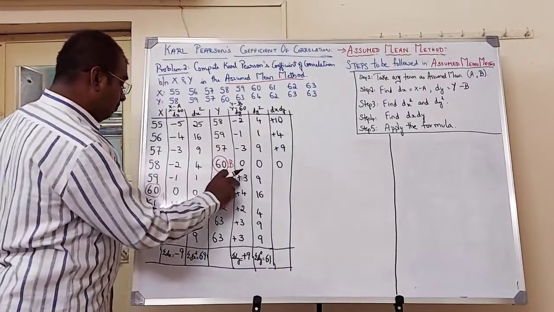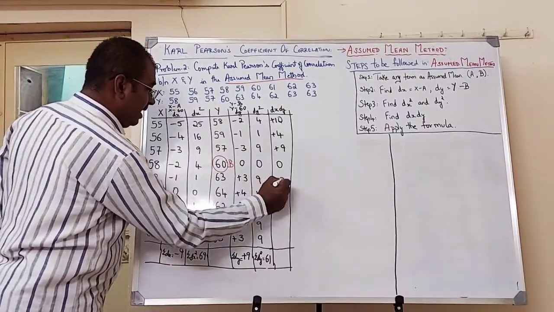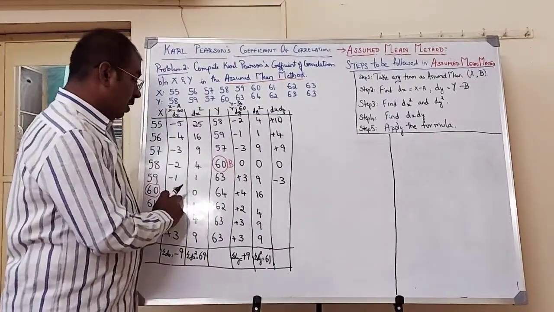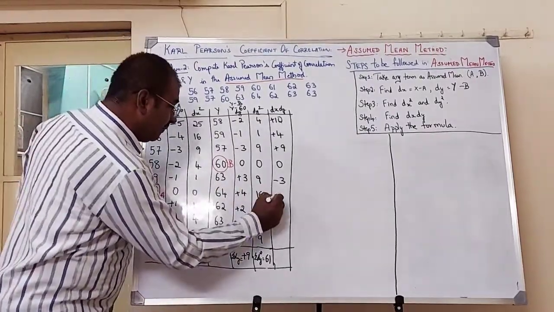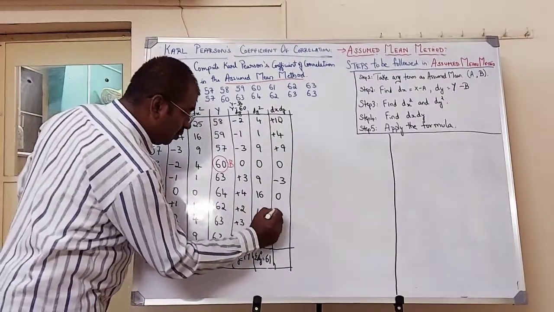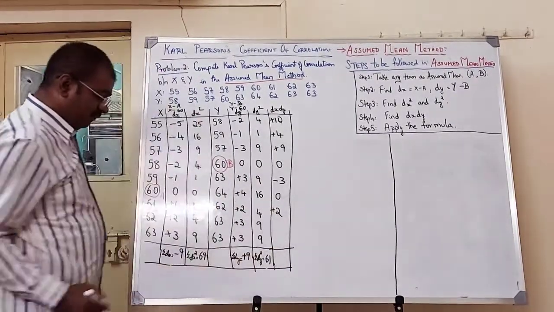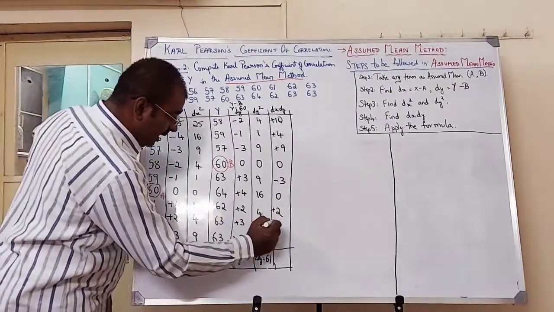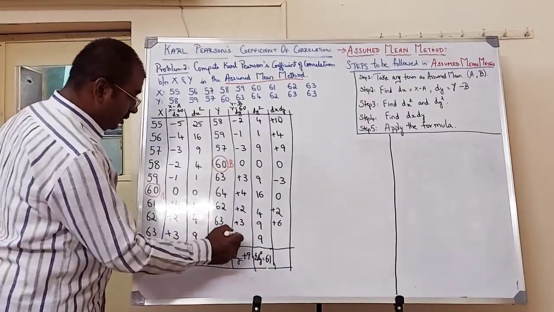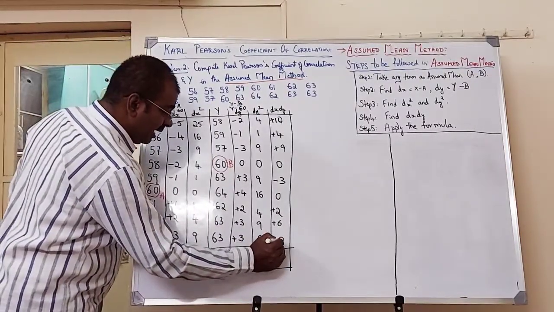Minus 1 into plus 3, minus into plus is minus, 3 ones are 3. 0 into 4 is 0. Next, plus 1 into plus 2 is plus 2. Plus 2 into plus 3 is plus 6. 3 into 3, both are plus, 3 3s are 9.